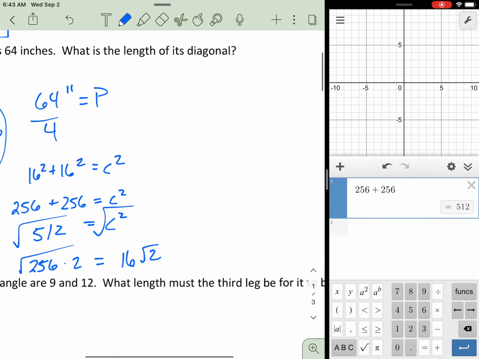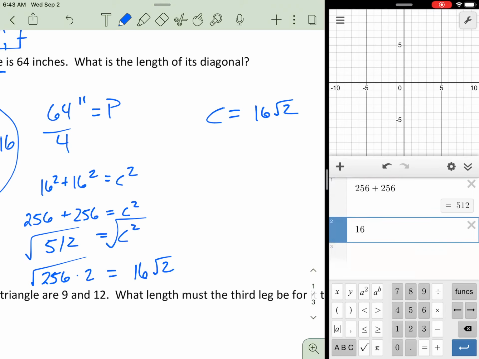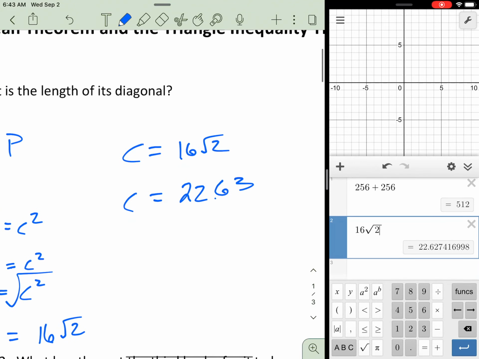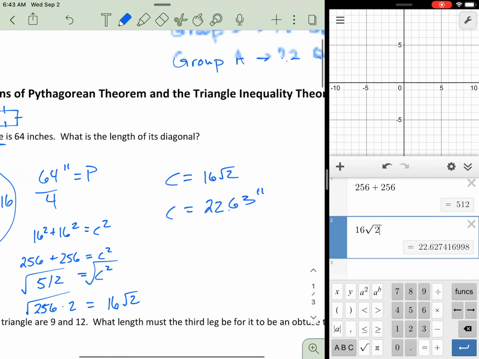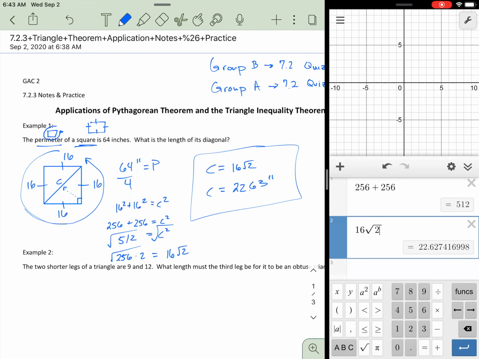That is our c. So our diagonal c is 16 radical 2, which if we put that in our calculator, is about 22.63 inches, which makes sense because your hypotenuse should be a little bit bigger than everything else. There's your answer.